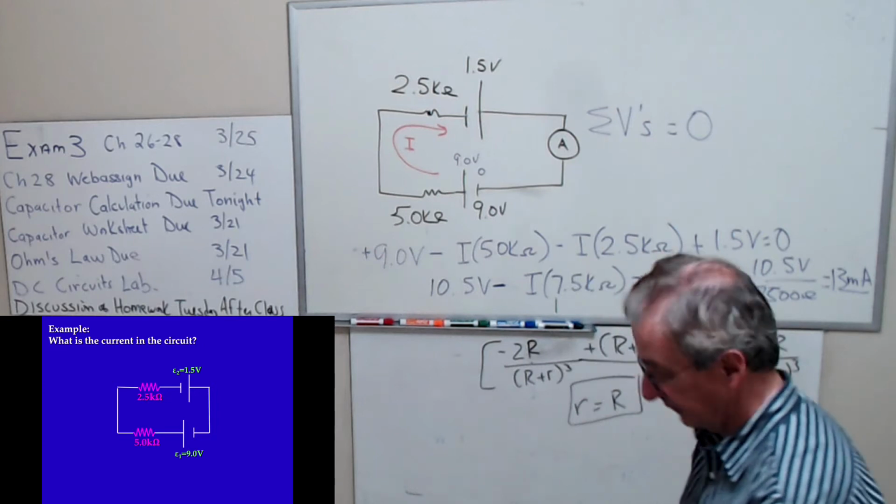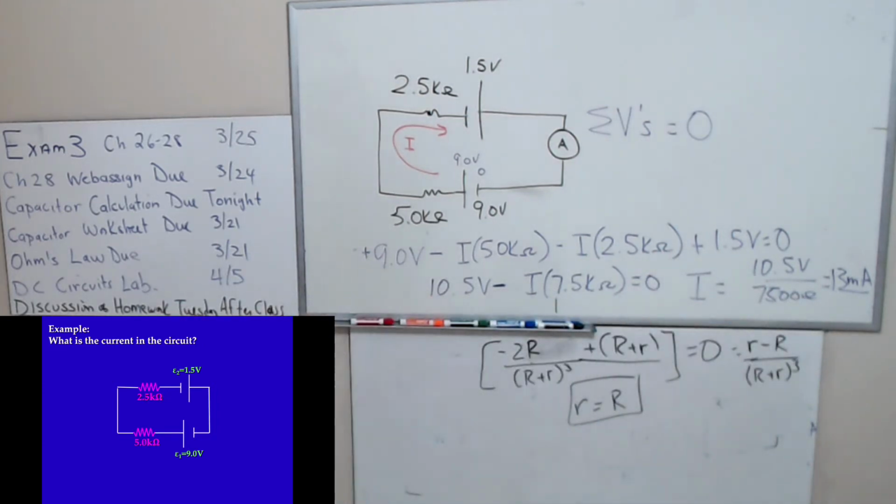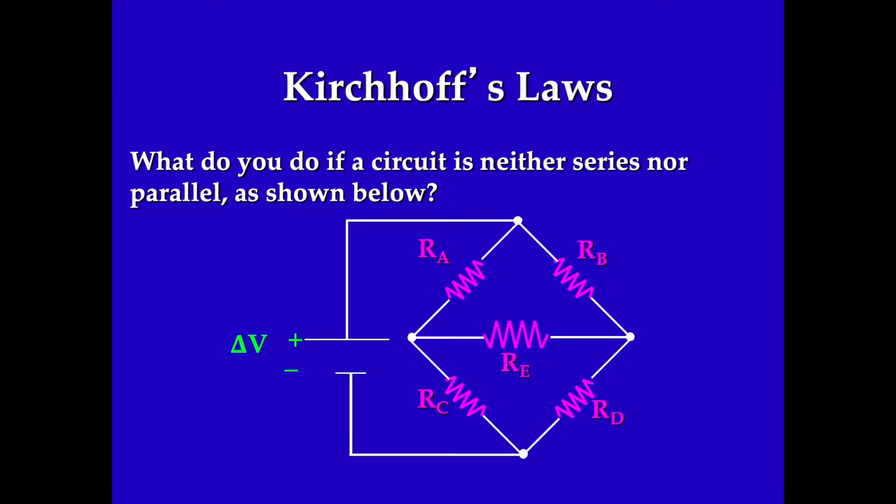Okay? This is a prelude to using Kirchhoff's laws, because what I want to do is solve this circuit. I want to calculate the current through each one of those resistors.